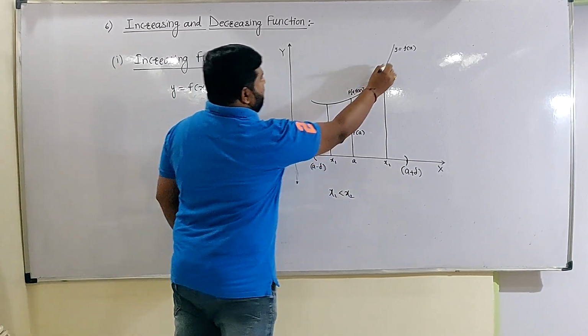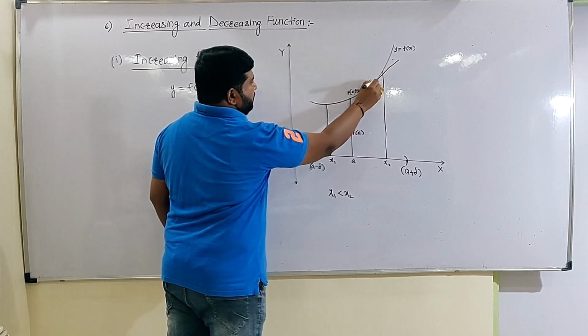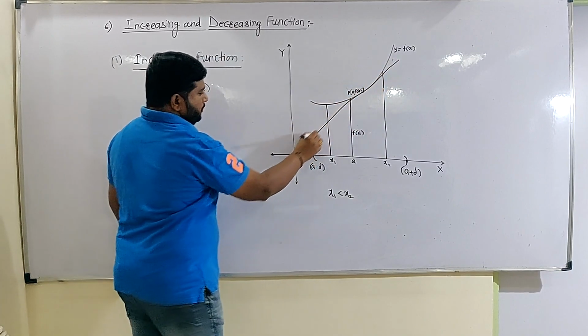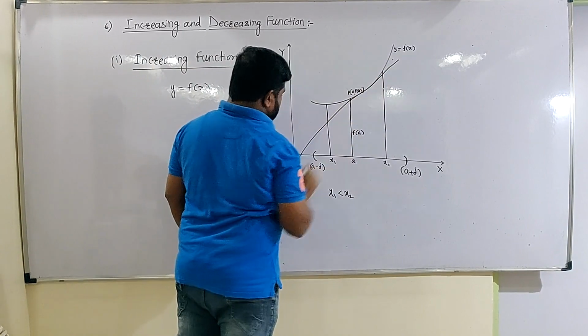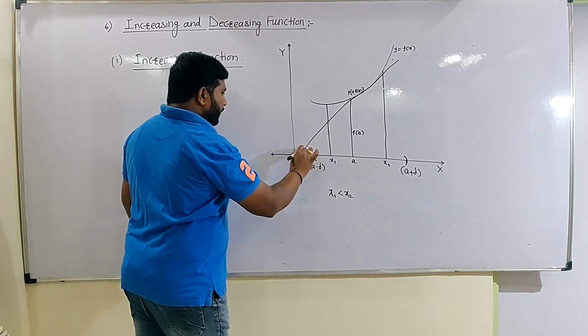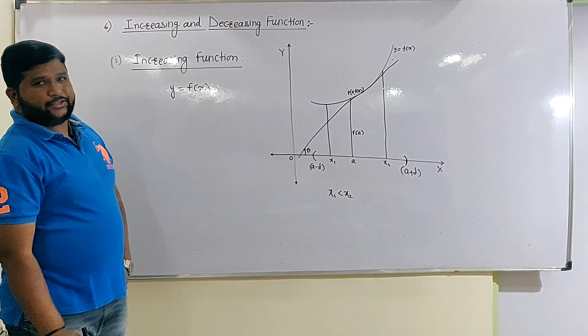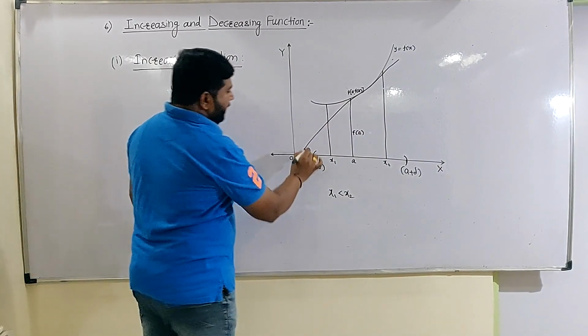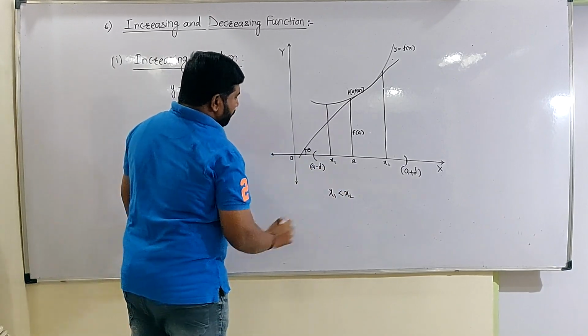And this is a tangent at point P, which makes an angle theta with the positive direction of the x-axis. Here x1 is less than x2.